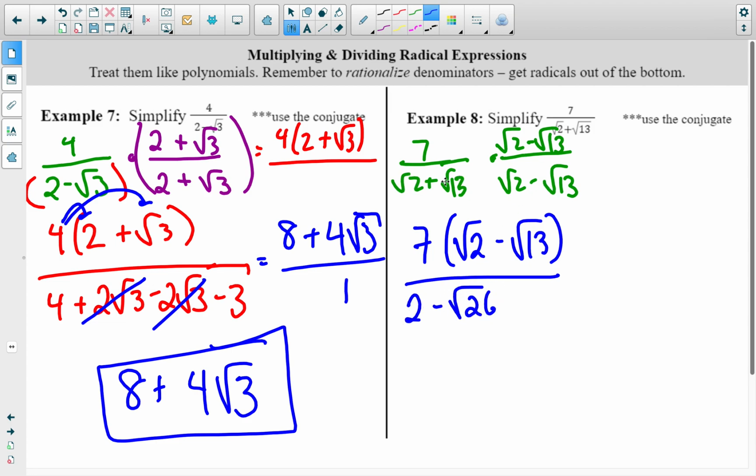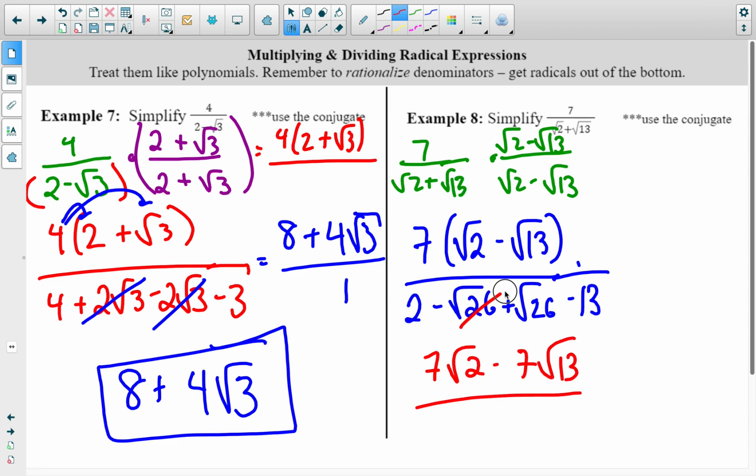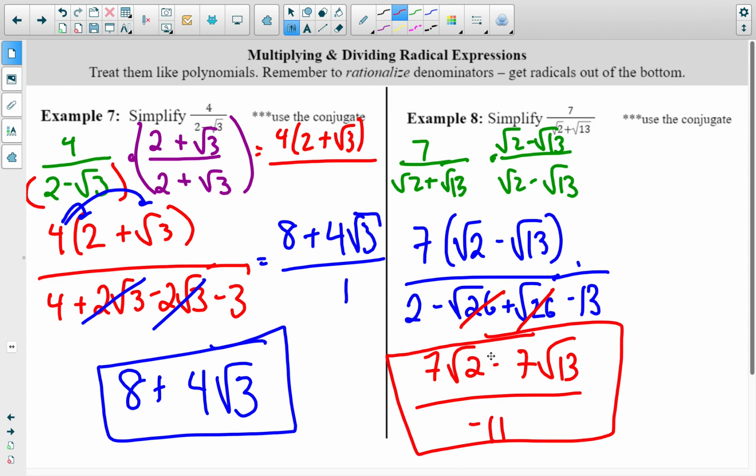All right, we're able to multiply the 2 and the 13 together because they're both under square roots. And then minus 13. Ending up with, let's see, 7 root 2 minus 7 root 13. Those 26's cancel, and then we end up with negative 11 on the bottom. I am fine if you leave it like that for me.